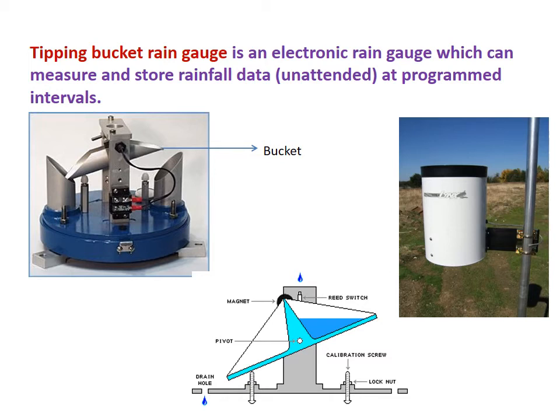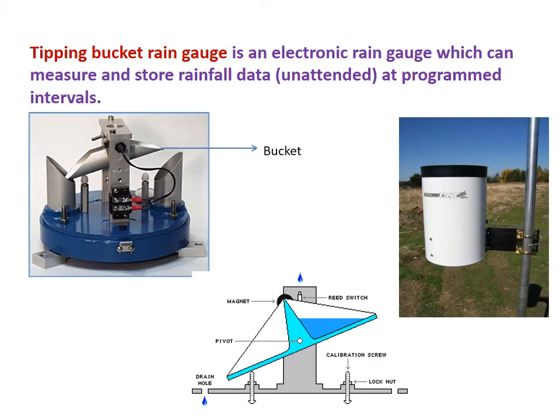When that bucket fills, it tips over and empties that water to the outside, and the other bucket comes in position. Now there is a reed switch fixed onto this bucket, which will be electronically recording this tipping of the buckets as and when it is done.